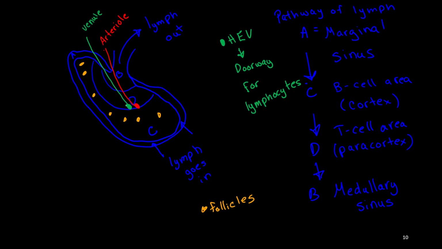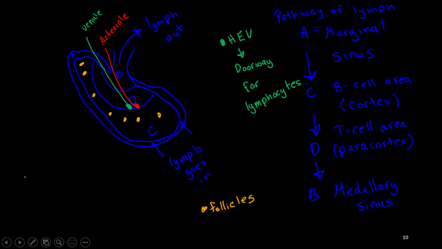So they're going to start off in the T cell area. Some of them will migrate here to the B cell area, depending on the type of cell they are. So if they're B cells, they're going to go to the B cell area. If they're T cells, they're going to stay in the paracortex.